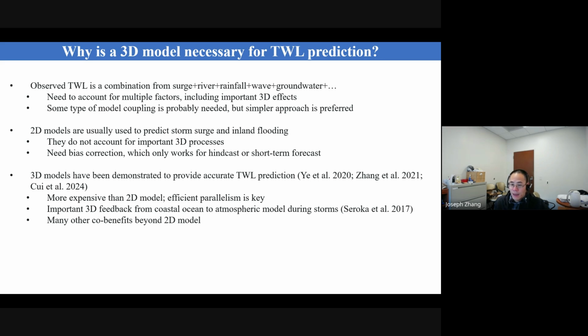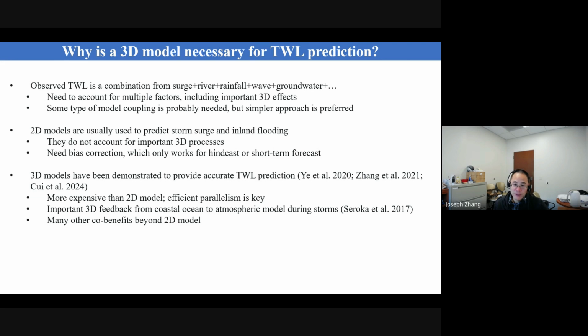And another thing I want to mention is that with a 3D model, you really open up exciting windows of opportunities, right? So for example, on the atmospheric side, the air-sea coupling, especially in the nearshore region where the upwelling can play a role in the intensity or track of the storm. Greg Soroka did this study in his PhD thesis. He published a couple of papers on that.